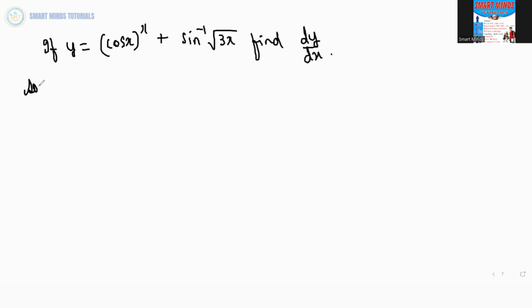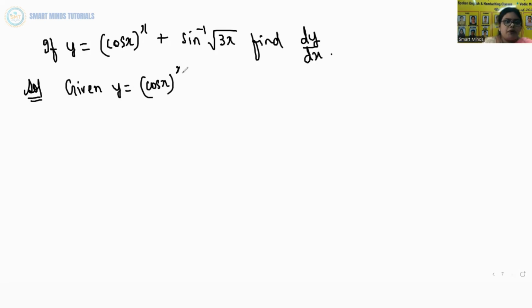So let's take this next question. If y equals (cos x)^x plus sine inverse root 3x, then find dy by dx. So what is given to us? y equals (cos x) whole power x plus sine inverse root 3x.